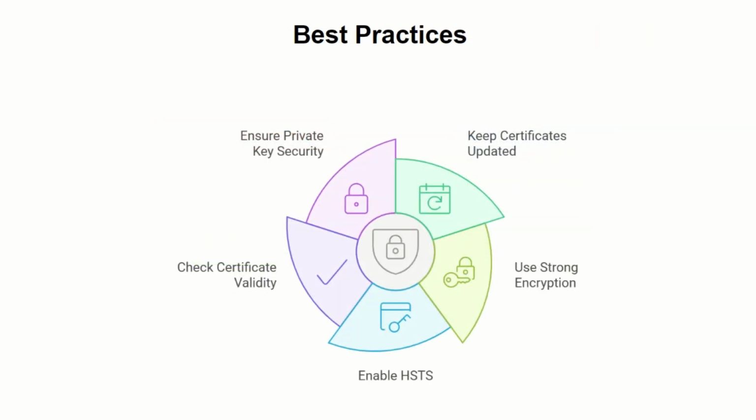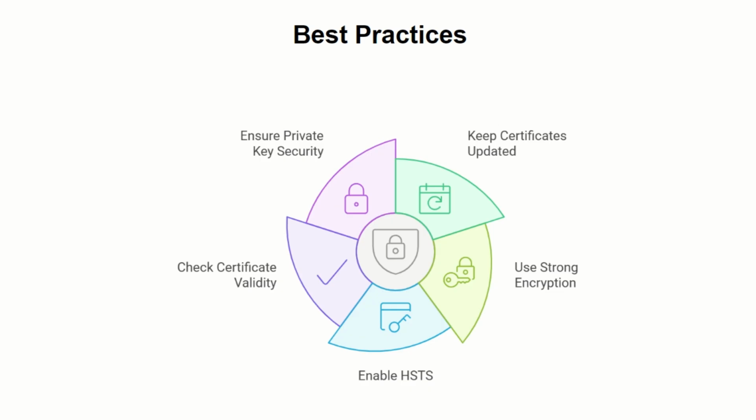So the best practices for using certificates in applications: keep certificates updated, as certificates have expiration dates. Always renew your certificates before they expire to ensure continued secure communication. Use strong encryption, like RSA with a 2048-bit key or higher.